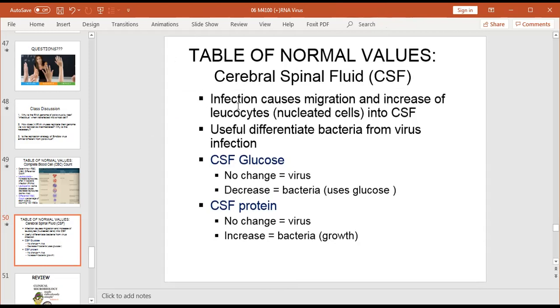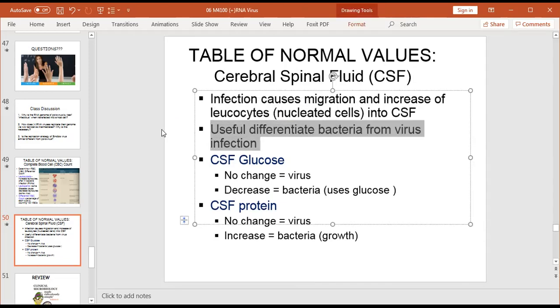So when we have an infection, infections can usually cause the migration of leukocytes into the cerebrospinal fluid, followed by an increase in their number in the CSF. And therefore, it is very useful to differentiate between viral infection and bacterial infection.